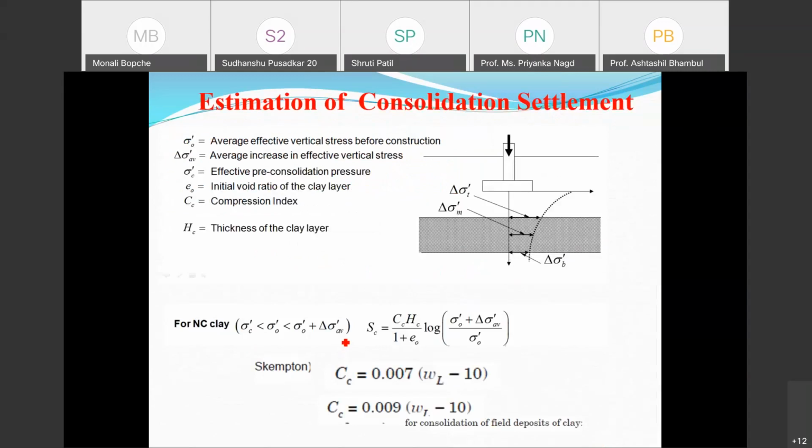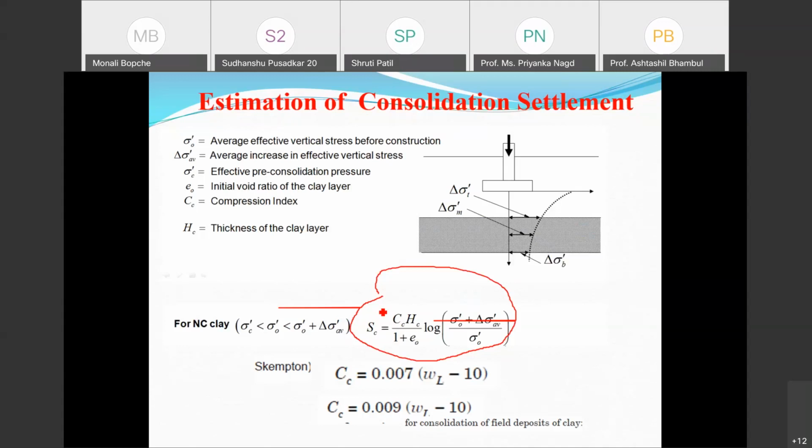Once I get Cc, the compression index, from the e-log P curve, I can calculate the consolidation settlement using this equation. Sc equals Cc into H upon 1 plus e0 into log of sigma0 dash plus delta sigma dash upon sigma0 dash.